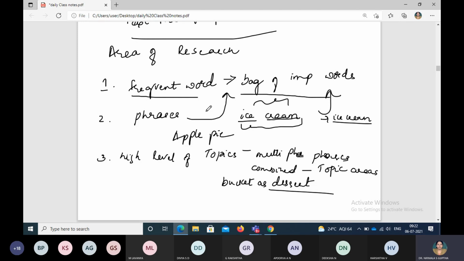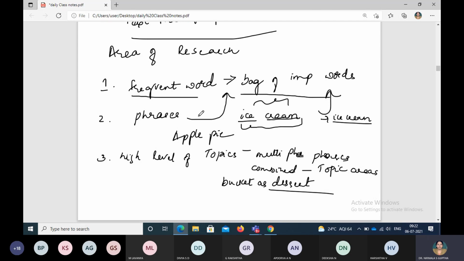We are done with this process of analyzing and identifying the frequent words, and we put those words in a bag of important words.